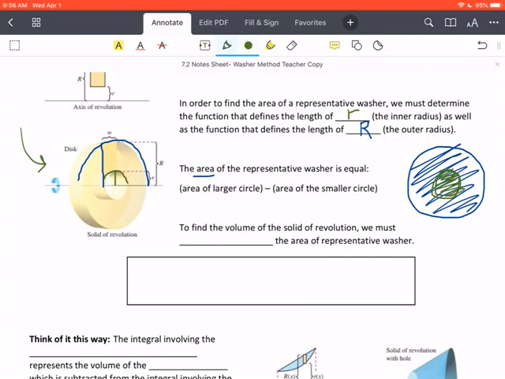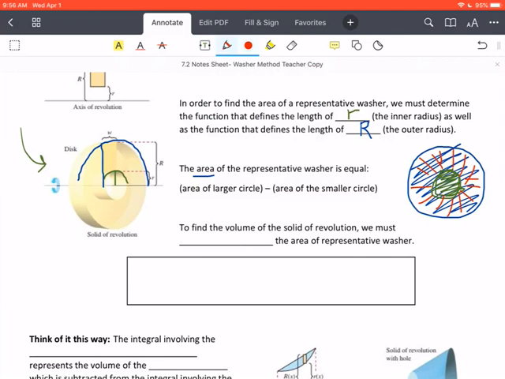And so when we cut out or eliminate the green, we are left with this red portion, which is the area of the washer that we need to use to then find the volume of the related solid.